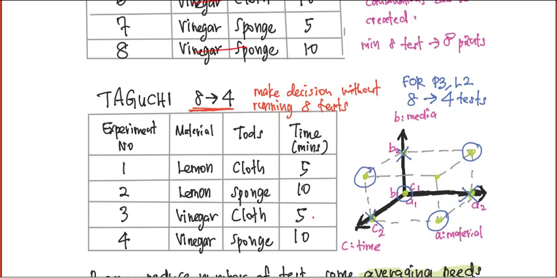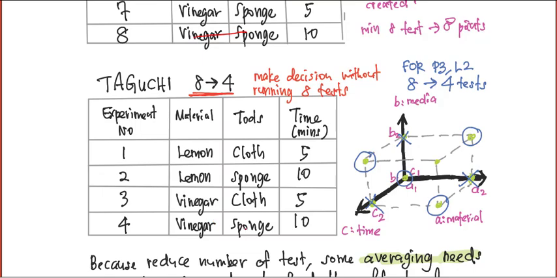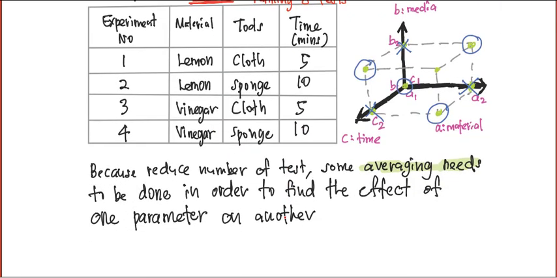Vinegar cloth 5 this time. Vinegar and cloth not repeated here, and vinegar sponge as our last one. Now we can check. We know from this that we can reduce the number. After this, we can check our tools based on this.